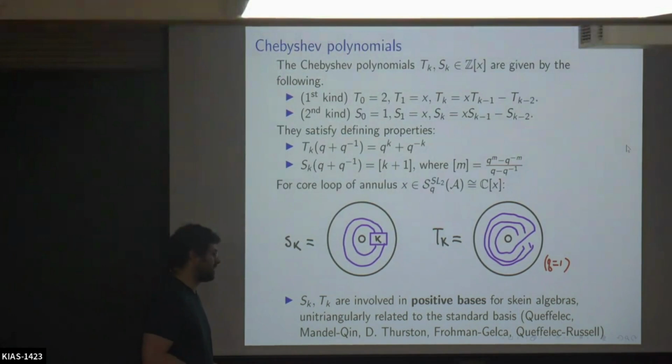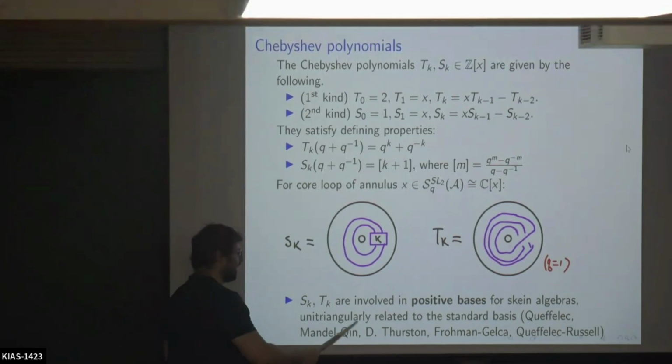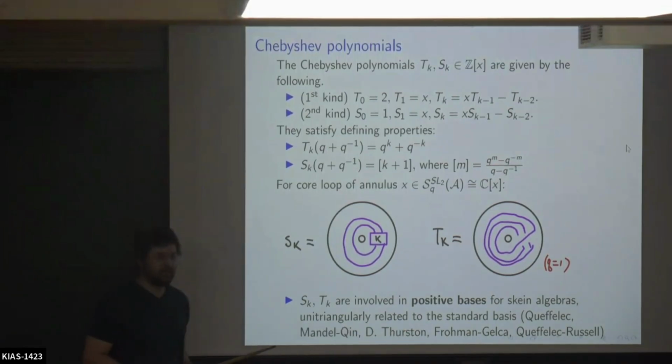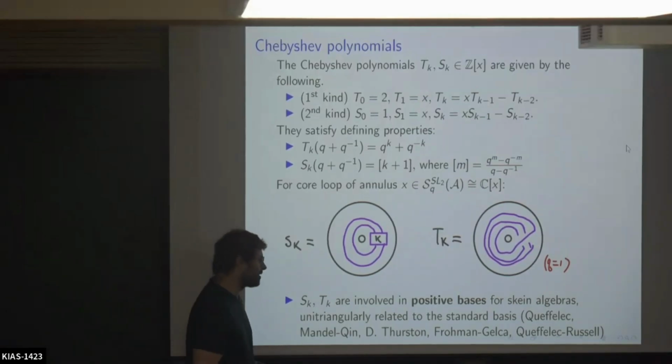The standard basis for Skein algebras is not positive. But if you take a standard basis element with K parallel copies of the same curve and replace that with S_K or T_K, you get a different basis that's unitriangularly related to the standard basis, because these polynomials are monic polynomials of degree K.